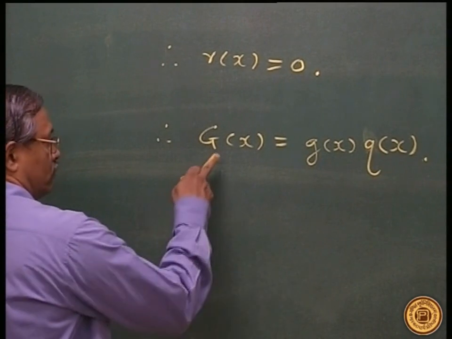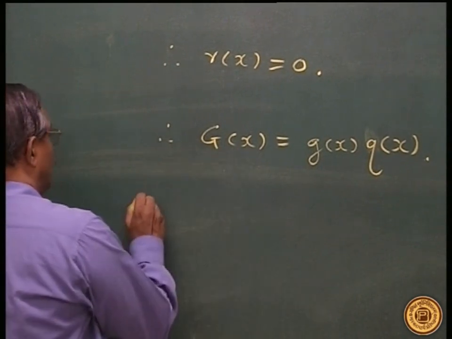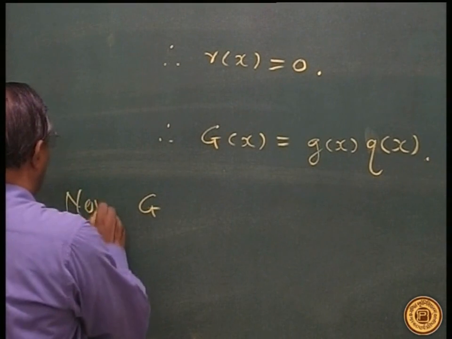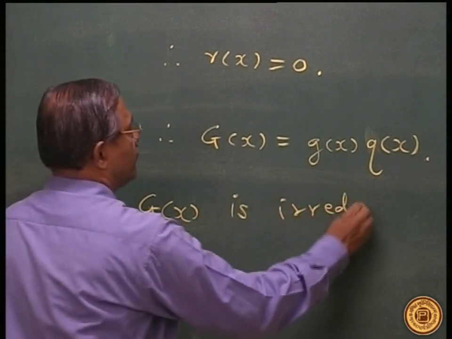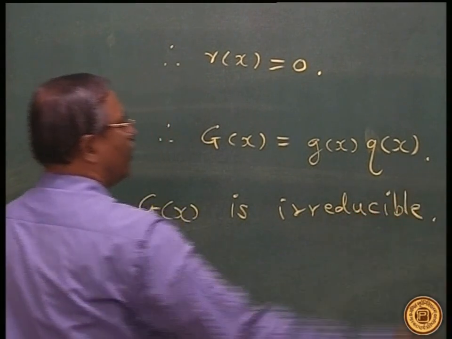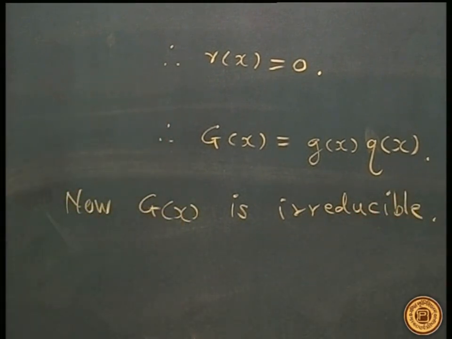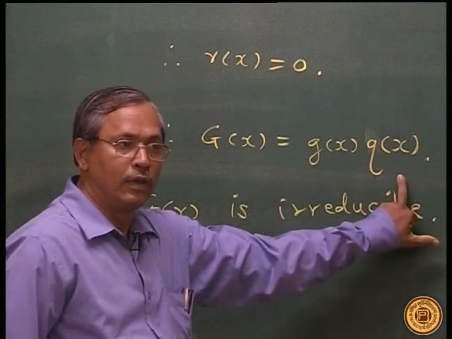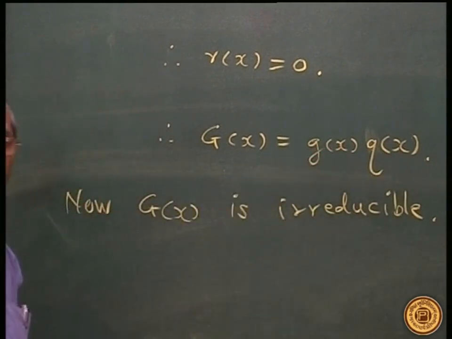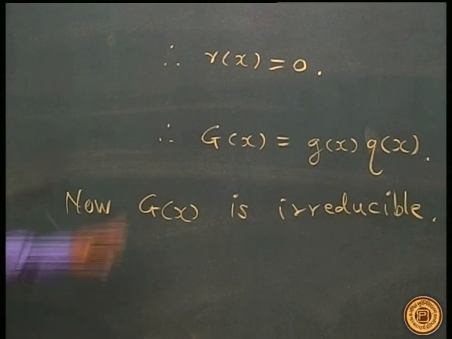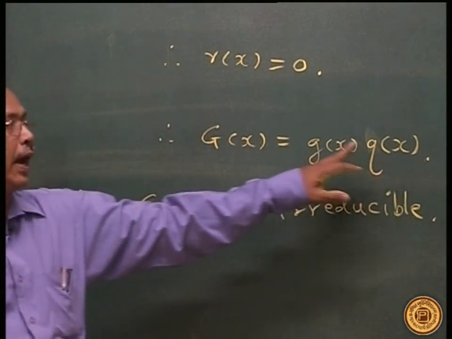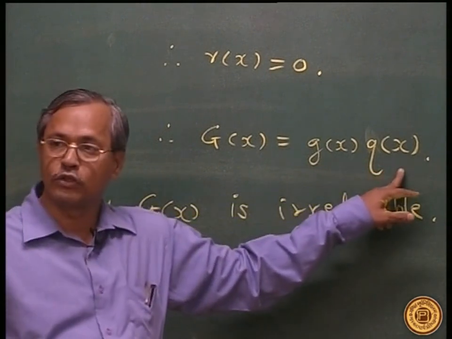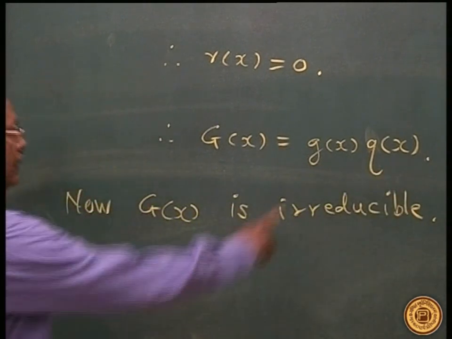Now, G(x) is irreducible. That is given to us, and now you see some factors of this. But you cannot have factors like this of degree bigger than 1 because capital G(x) is irreducible. So if you see some factors, then at least one factor must be a constant. But g(x) is non-constant.